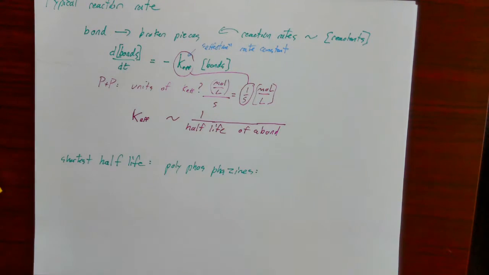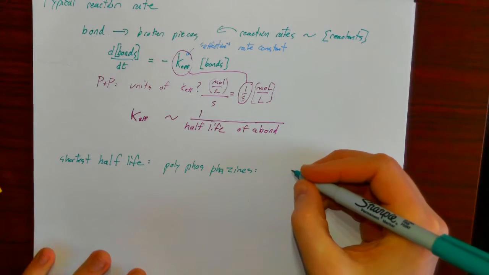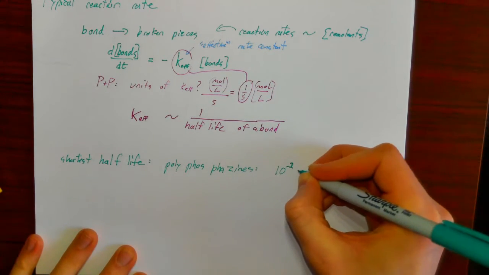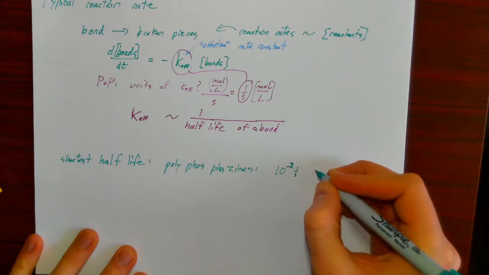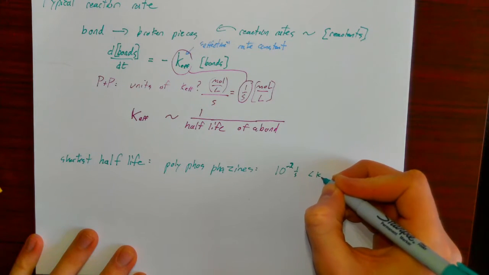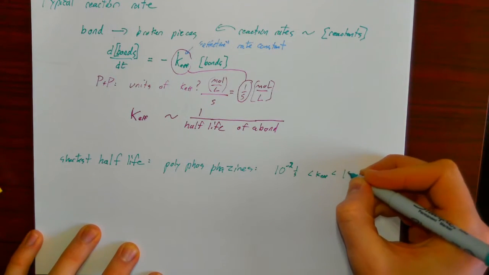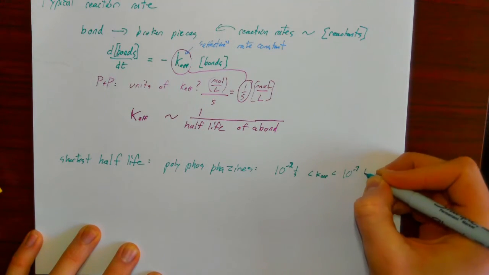These polyphosphazines have a K effective somewhere on the order of 10 to the minus 2 inverse seconds, down to less than 10 to the minus 7th inverse seconds.